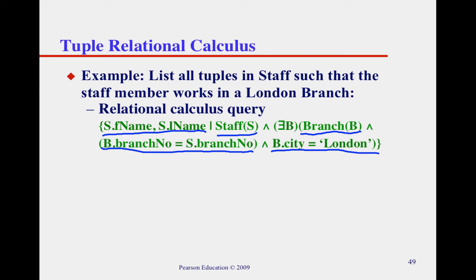It's not free. It can't appear on the left-hand side. So we're basically saying we're only going to select a staff member S if we can find a tuple in B that satisfies this predicate.